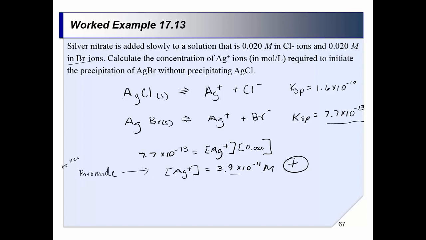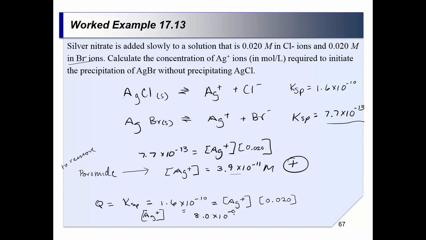Then to avoid precipitating the chloride, I can find where Q equals the Ksp, which is 1.6 times 10 to the negative 10, and I solve for the silver ion, since I have my chloride ion concentration. The silver ion would be equal to 8.0 times 10 to the negative 9 molar.